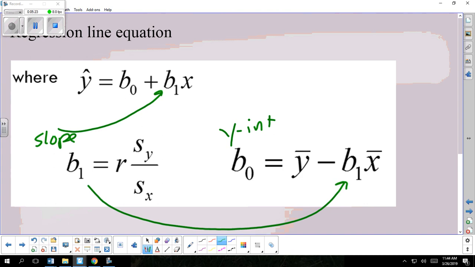Remember, the regression line is typically written as the predicted value of y equals y-intercept plus slope times our explanatory variable. We'll use this formula today.